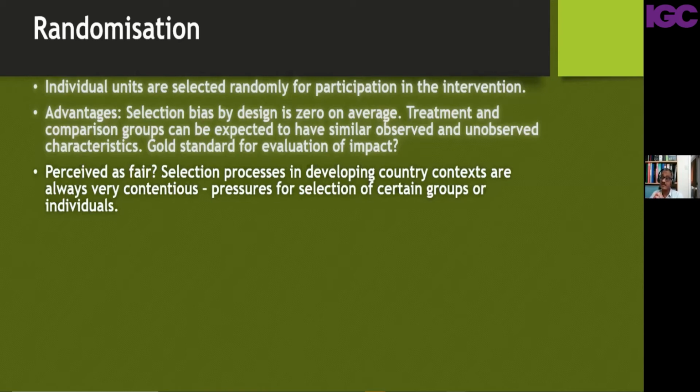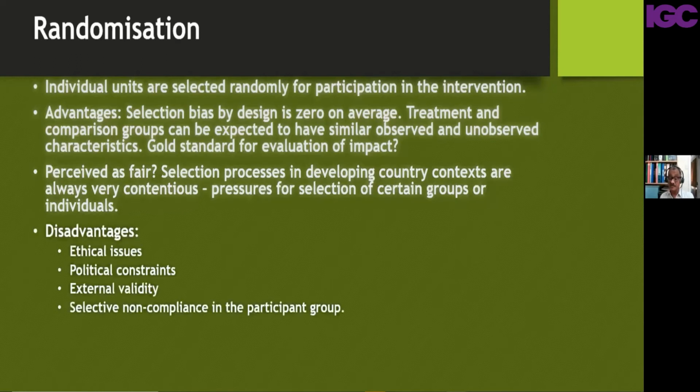That is likely to be perceived as fair. This can be quite useful in a developing country context, where you will always find a lot of pressures for selection of certain groups or individuals based on a whole range of other considerations. It can be based on political affiliation, caste, or tribe, or whatever. In that kind of situation, if you can do a randomized selection, it will be perceived as fair.